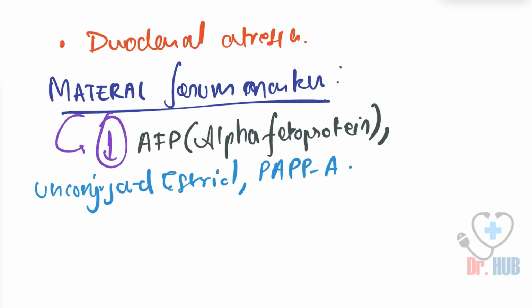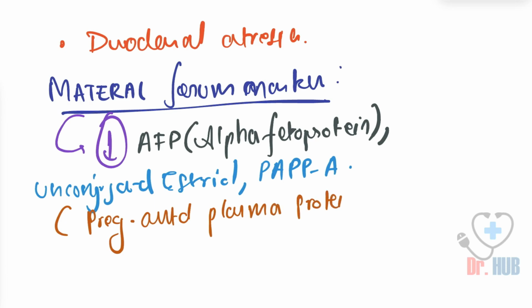What does PAPPA stand for? It stands for pregnancy associated plasma protein A. Looking at what is increased: this was decreased, now increased is the HCG, the human chorionic gonadotropin.